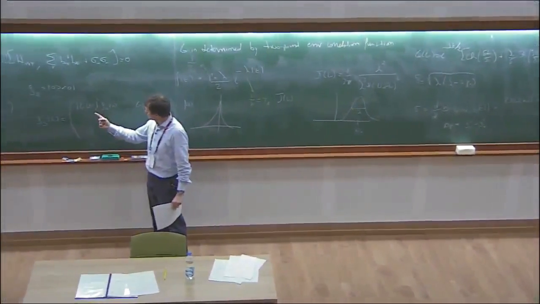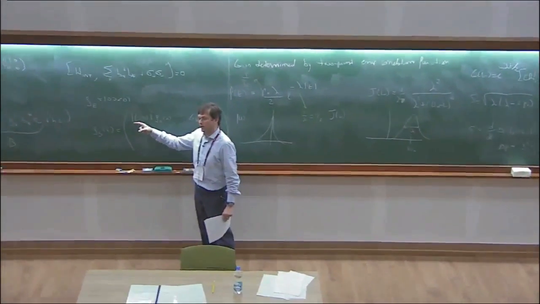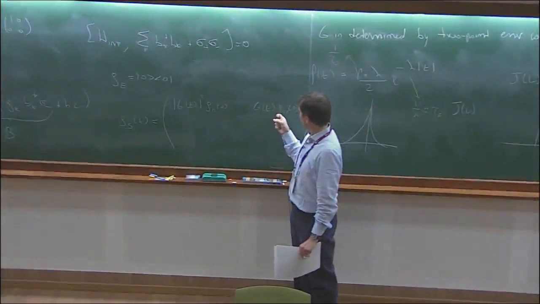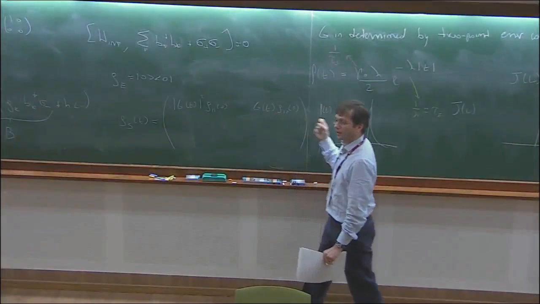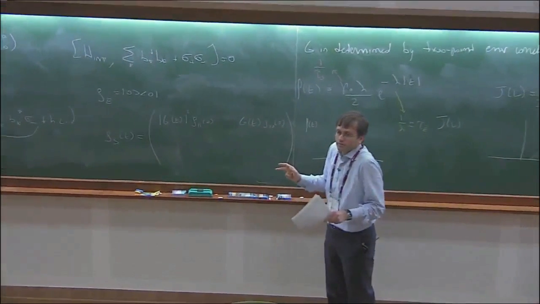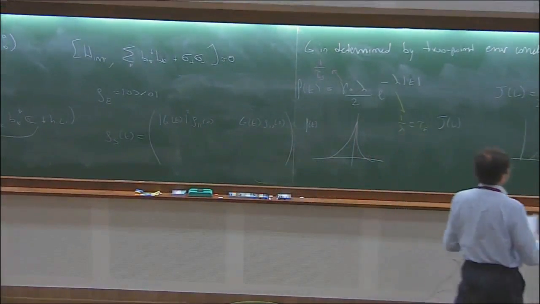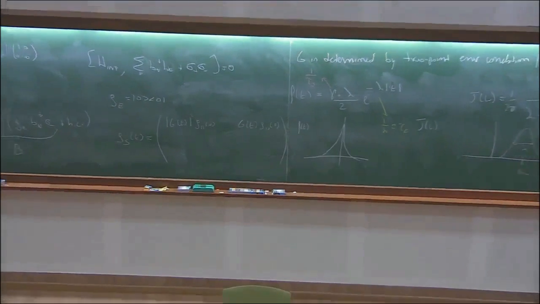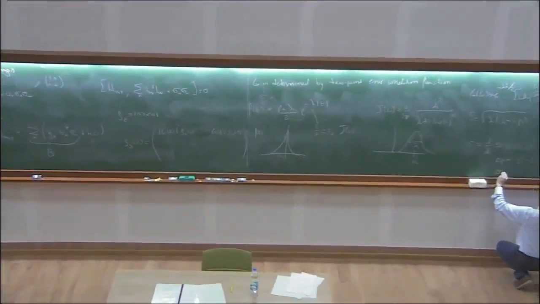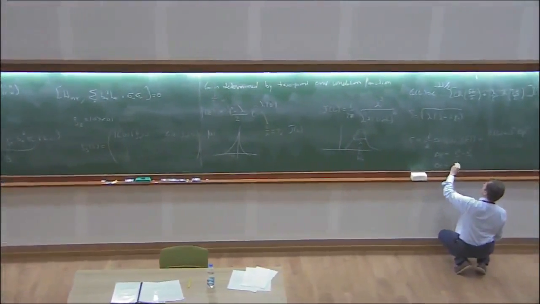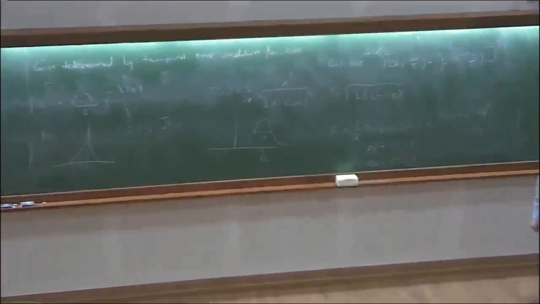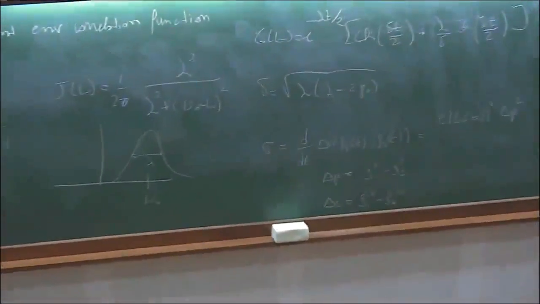So I look at the difference between the population in the upper level for rho 1 minus the one for rho 2, and the difference in the coherences for rho 1 minus the one for rho 2, and that's all. So here I have a dependence on the difference in the population, and the other dependence will be on the difference in the coherences, the difference in the upper right matrix element.